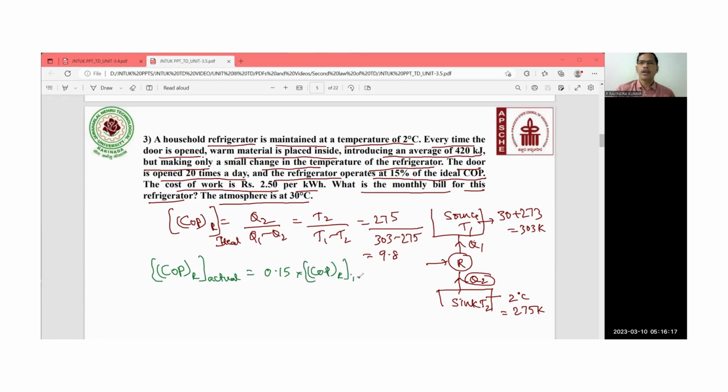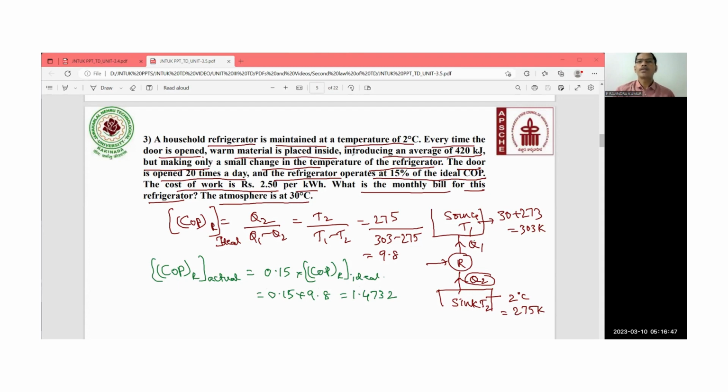That is 0.15 into 9.8. You will get that value as 1.4732.